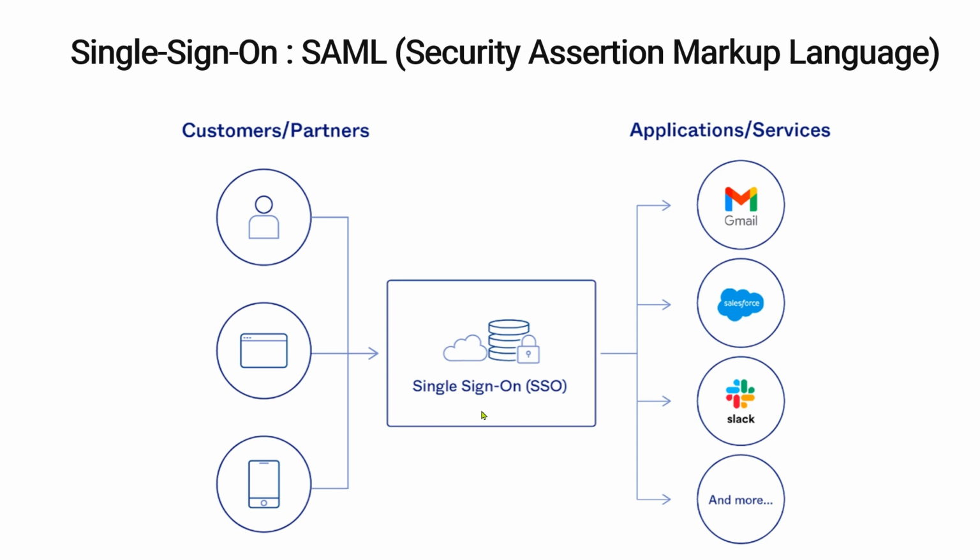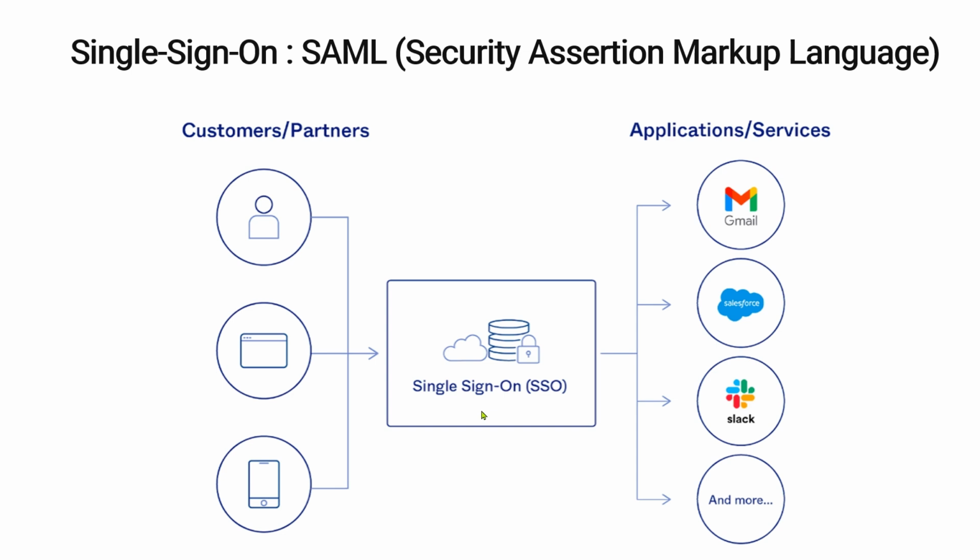It's an open standard for exchanging authentication and authorization data between parties, in particular between an identity provider and a service provider. SAML is an XML-based markup language for security assertions.